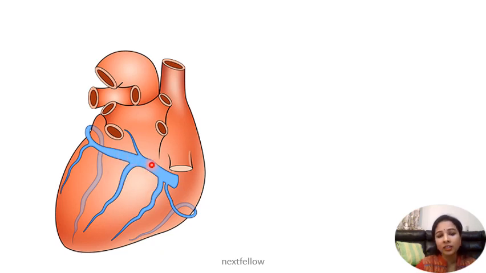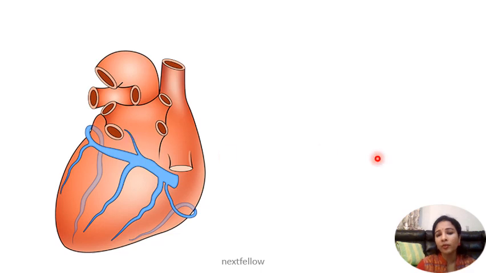You can see here, this is the coronary sinus. This is the middle cardiac vein running in the posterior interventricular groove. These are the left ventricular veins, and we can see the great cardiac vein winding round the left border of the heart and continuing into the coronary sinus. This is the oblique vein of the left atrium, and this is the left atrium.